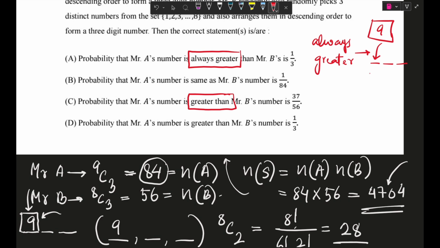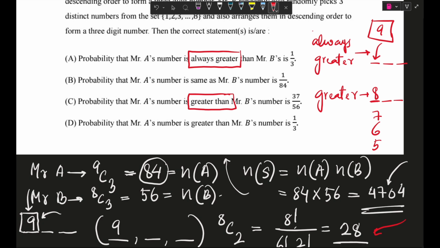Only greater means that the first place will not only be reserved for 9, it will be reserved for 8, 7, 6, 5 and whatnot. Whatever numbers are there. Basically, always greater treats only those cases where 9 is the first digit. That is why you calculated this 1 by 3 so easily and so efficiently. But option number C is screaming at you, take all the other values also, not only 9. So that's where your difficulty arrives.